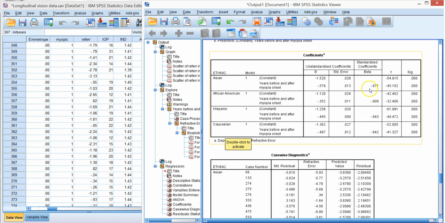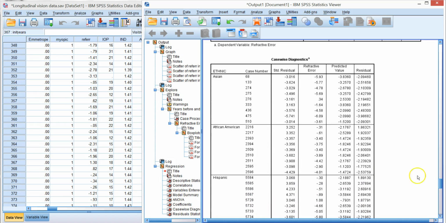And in this case, you can see that the weight is pretty constant across the different ethnicities. This is a t that shows the significance of the coefficient. It does it for both the intercept and the coefficient or slope. The t is equal to the unstandardized B divided by its standard error, and you get this value right here. And that's significance.